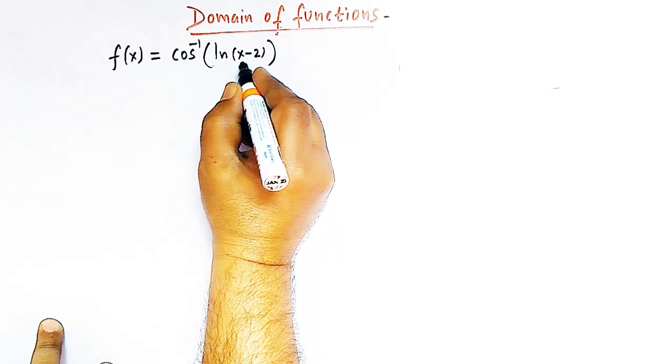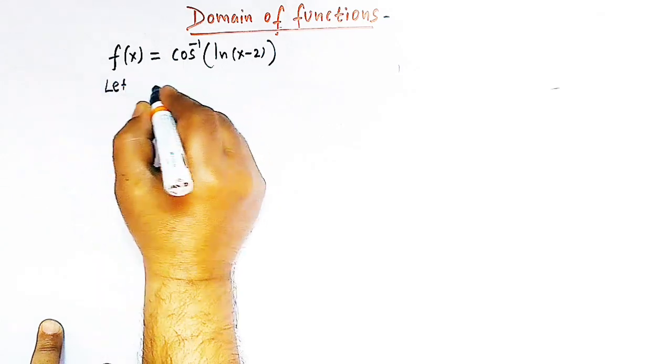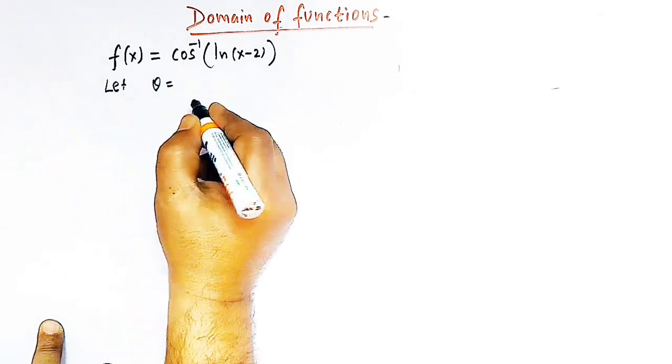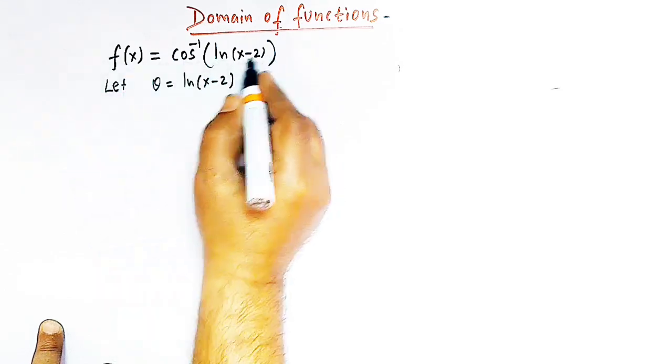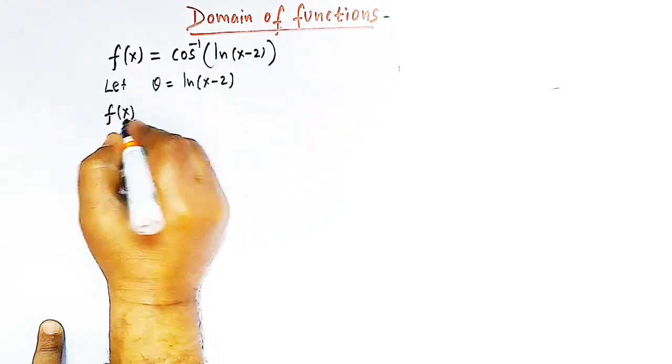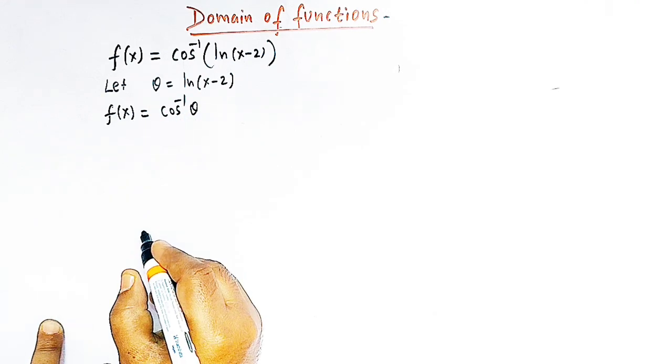So let us take natural log of x minus 2 as theta. Here we'll make this assumption, that theta is equal to natural log of x minus 2. So now we can write this function f of x is equal to cos inverse theta, right?